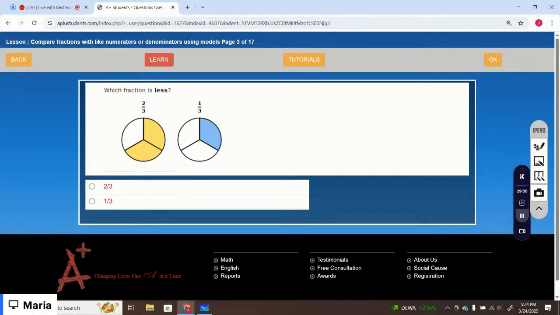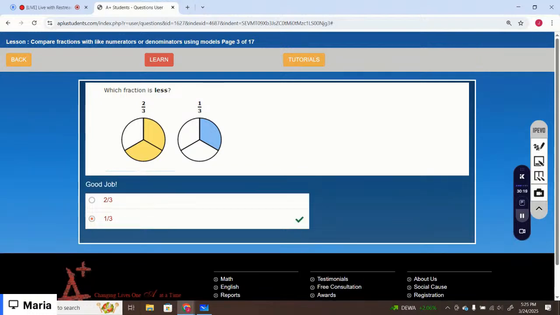Which fraction is less, 2 by 3 or 1 by 3? That is 1 over 3 is the fraction that is less than 2 by 3. Option number 2 is the correct option.